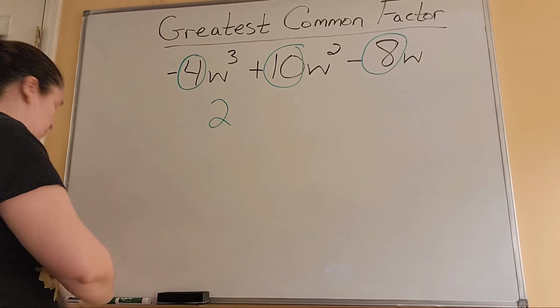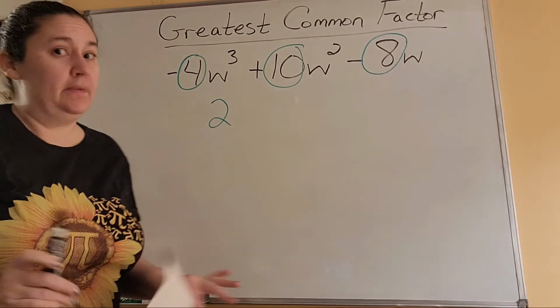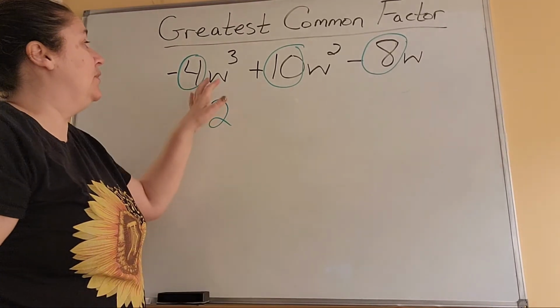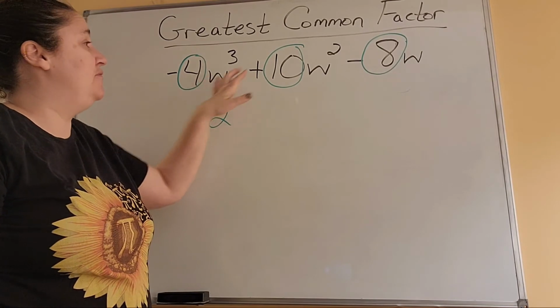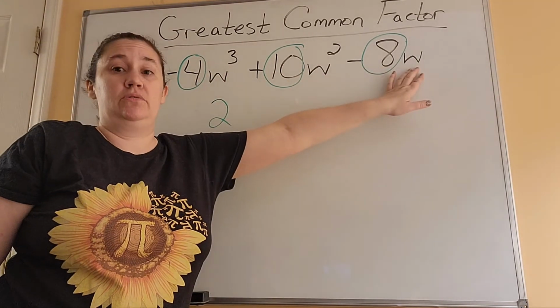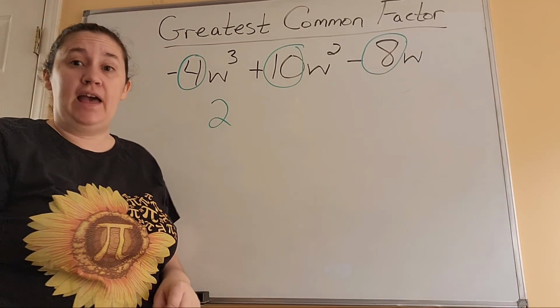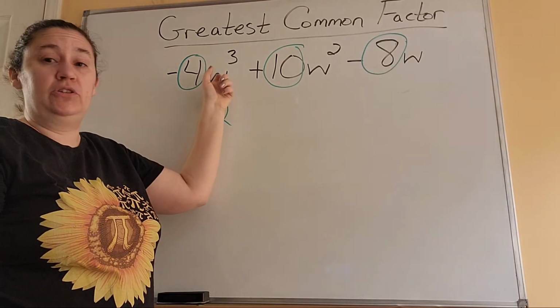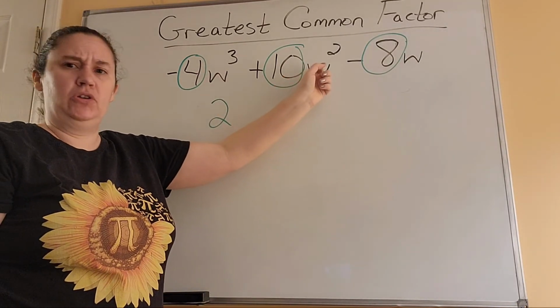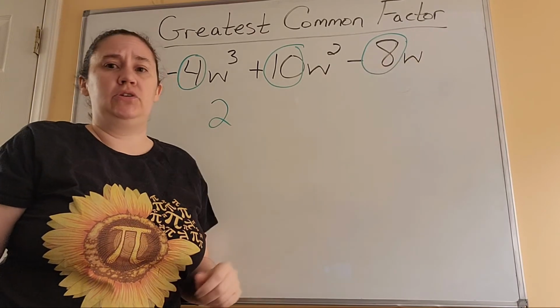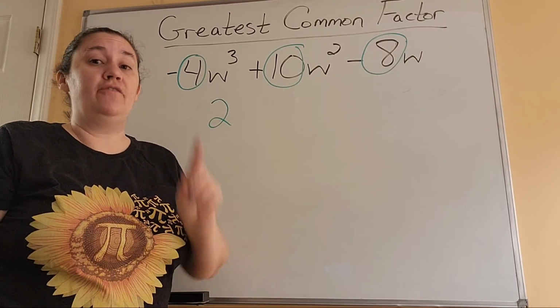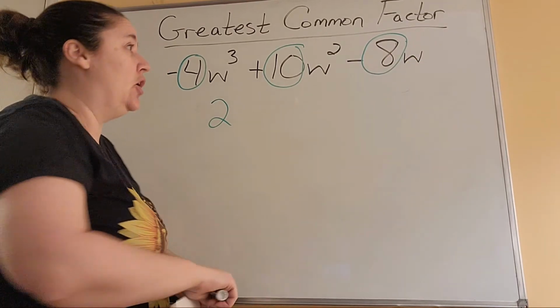Now, supposedly this is the hard part, but it's actually really easy. We're going to find the greatest common factor of these variables. What do the variables have in common? This has 3 w's. This has 2 w's. This has 1 w. They all have 1 w in common.